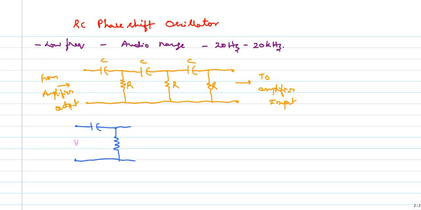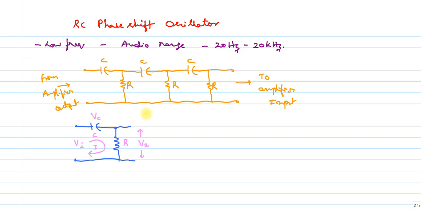This is the input voltage Vi, this is the voltage across the capacitor Vc, this is the resistor R, this is V2, and this is the capacitor C. The current I flows like this.